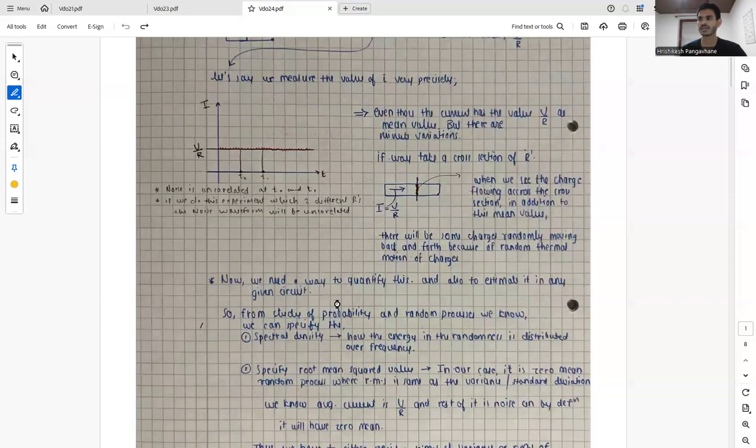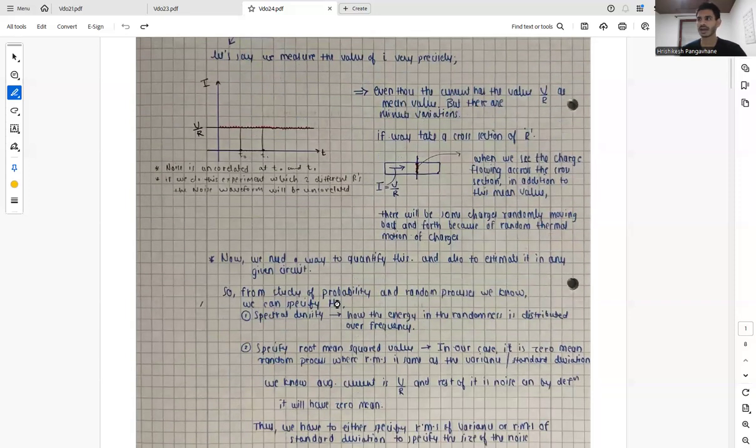From the study of probability and random processes, we know that what we can specify is basically the spectral density, which is how the energy in the randomness is distributed over a frequency range. And we can specify a root mean squared value.